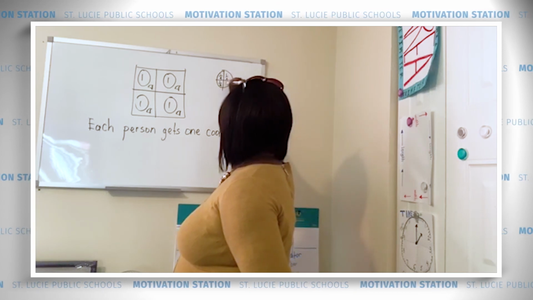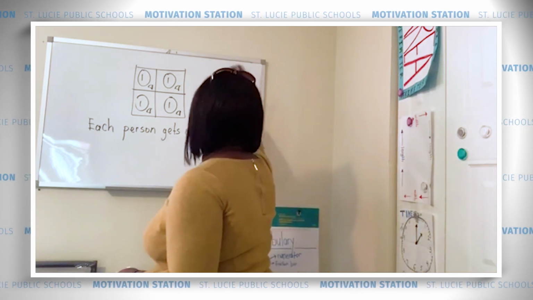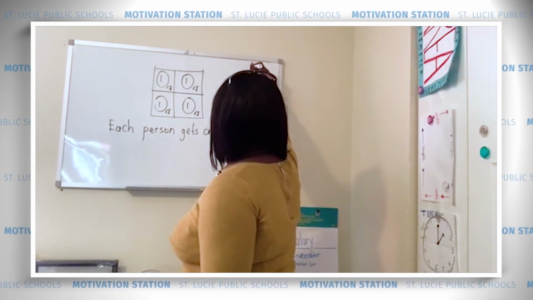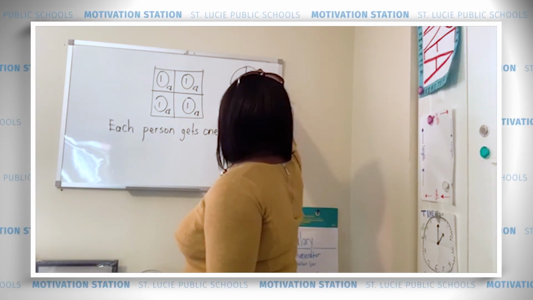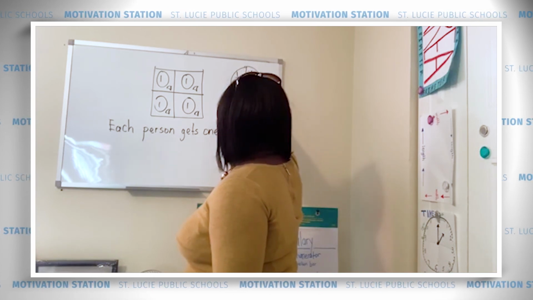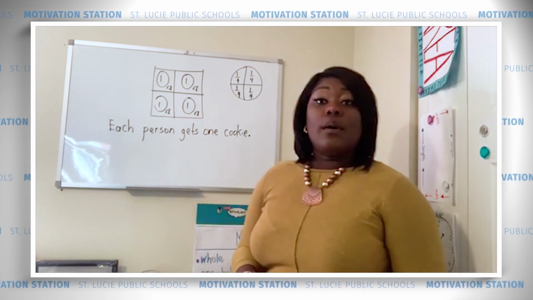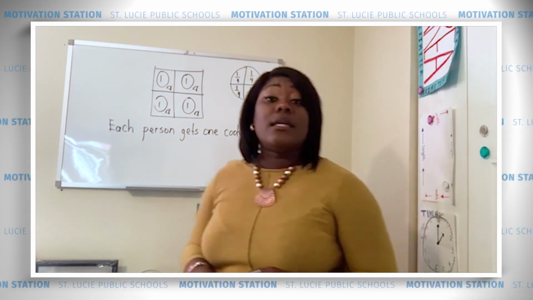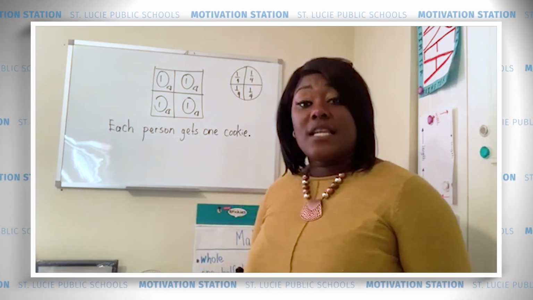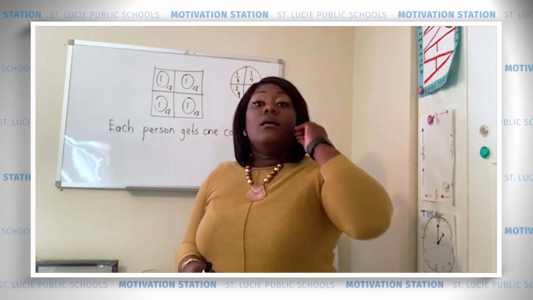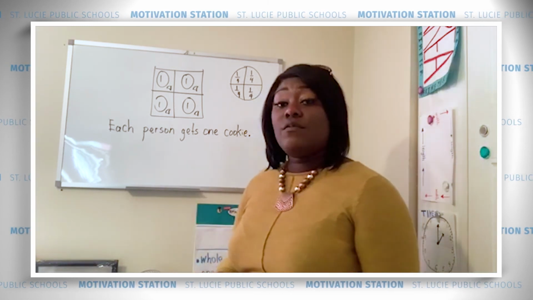Now let's talk about the fraction representation. I'm going to draw this cookie a little bit larger so you guys can see it. Let's talk a little bit more about that 5th cookie that had to be equally broken into 4 equal sized pieces. So if you look at the denominator or the bottom part of the fraction, it is a 4.